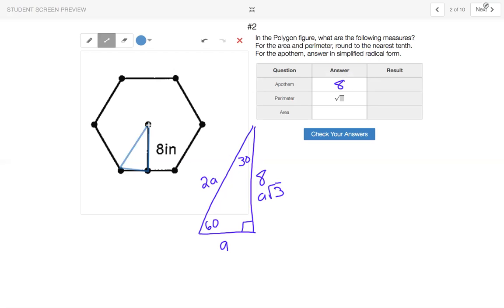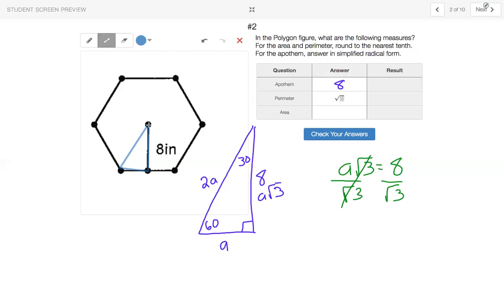All right. Here's my equation. A radical 3 equals 8. To solve for A, I have to divide both sides by radical 3. You guys can probably already see why this one's a little more confusing. A is going to equal 8 over radical 3.